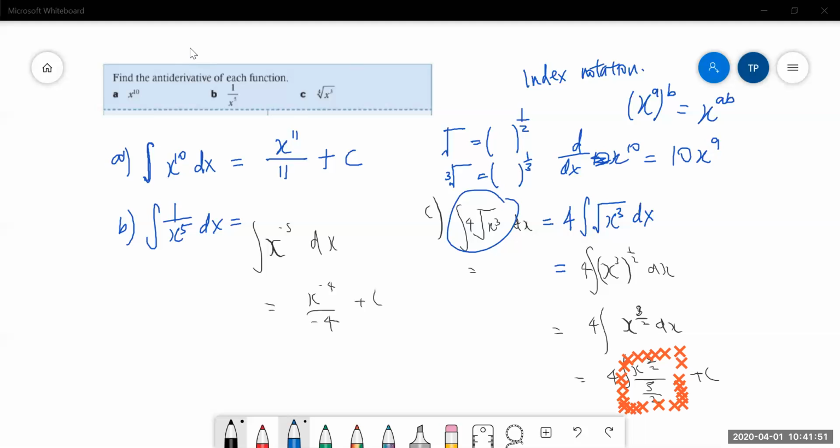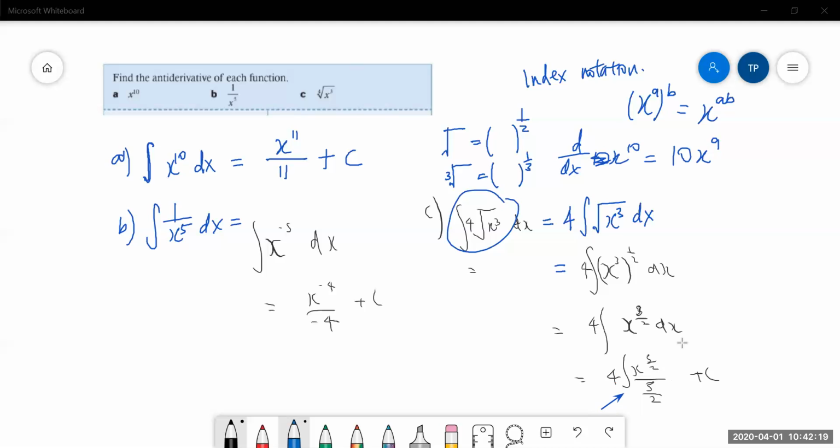Is that wrong? Why do you think it's wrong? Yeah, when you add one, firstly, why is this symbol still here?